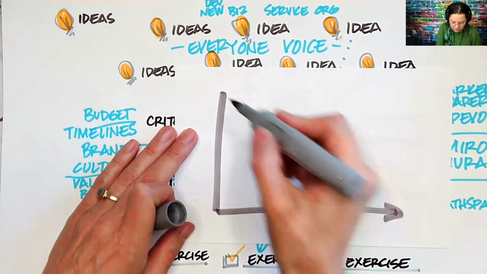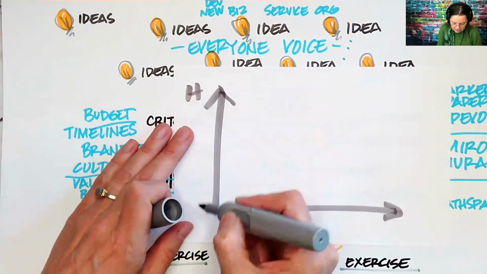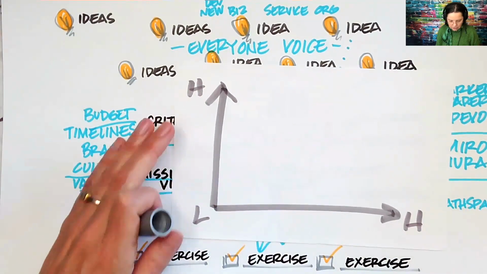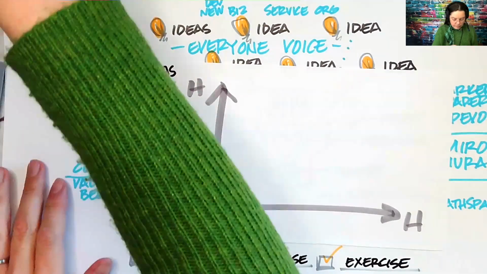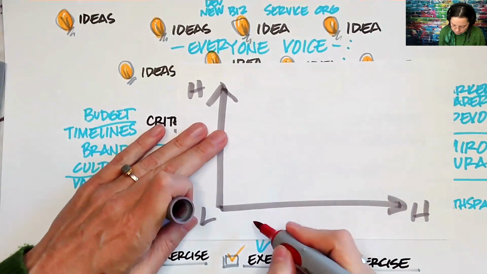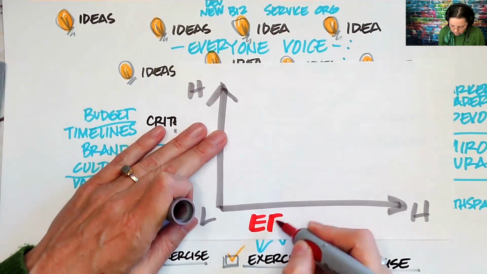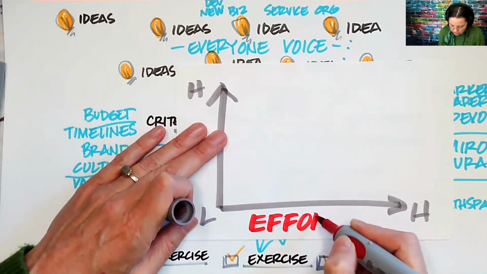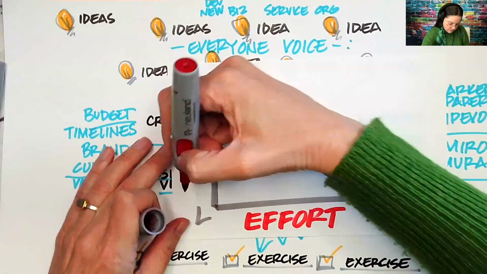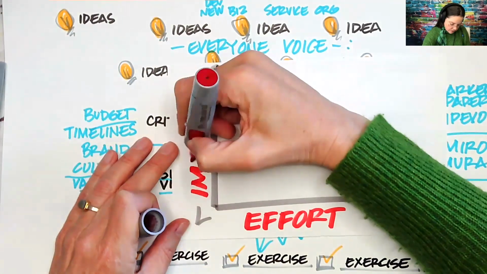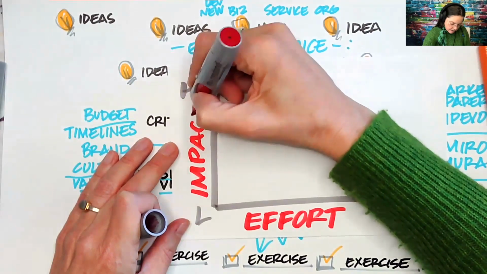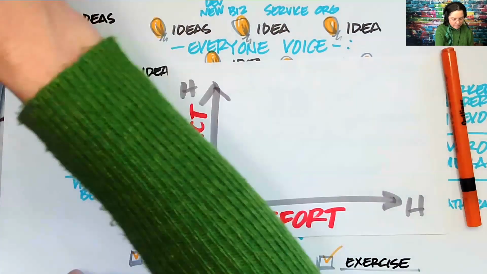And so what you have here is you have high and low, and across the bottom, you have effort. How long is this going to take you? And going on the Y axis is impact.